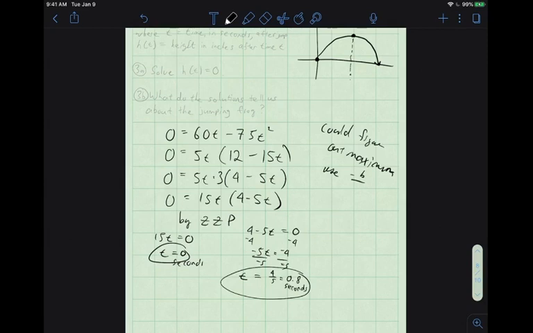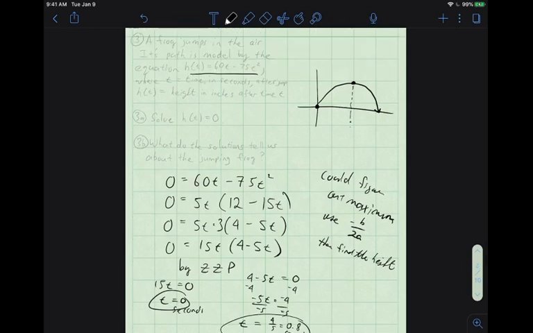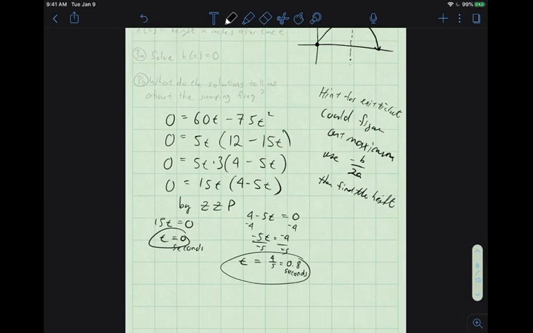Use negative b over 2a, find the center, then find the height. Or you could complete the square, turn this into vertex form, and see where the vertex is, your choice.